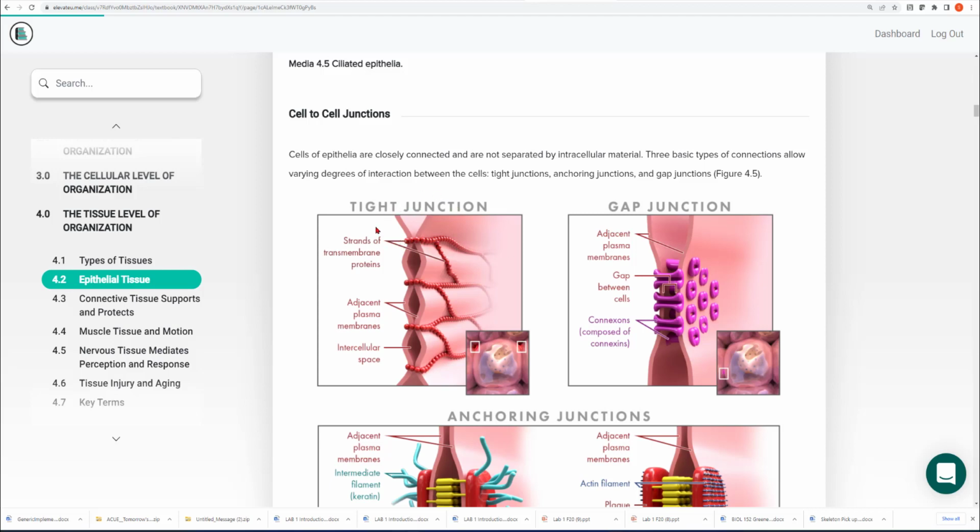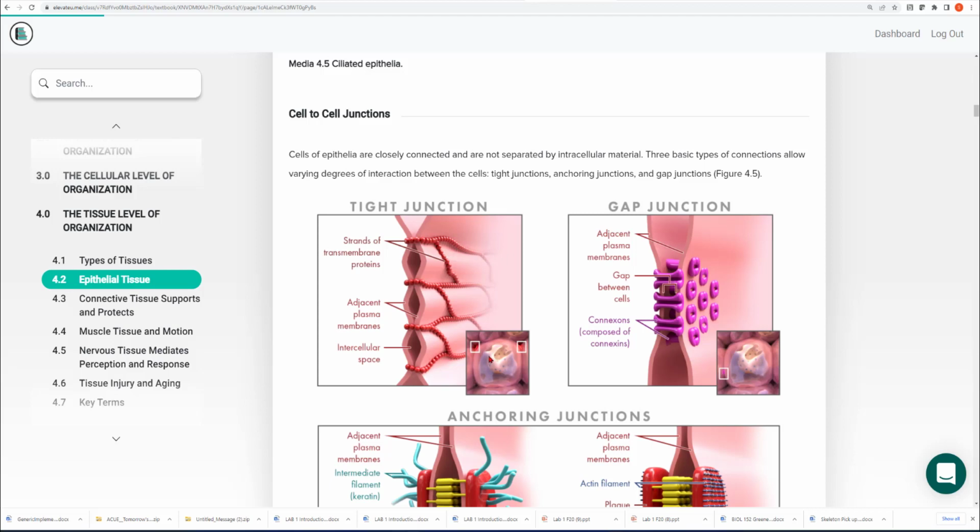Tight junctions, just like they describe, are tightly binding two epithelial cells together. Tight junctions are found very much toward the outside edge, toward the apical surface that is shown here, right? So tight junctions are right here. What tight junctions do, and what all of these cell-to-cell junctions do, is they prevent molecules from being able to pass down between the cells.